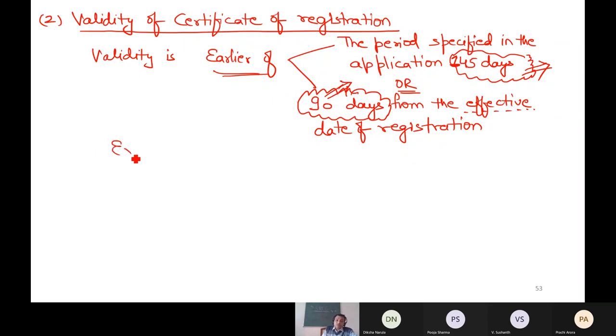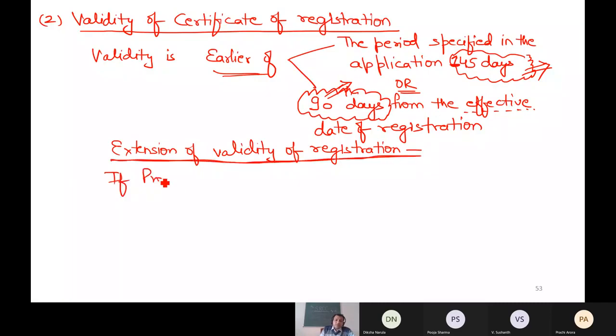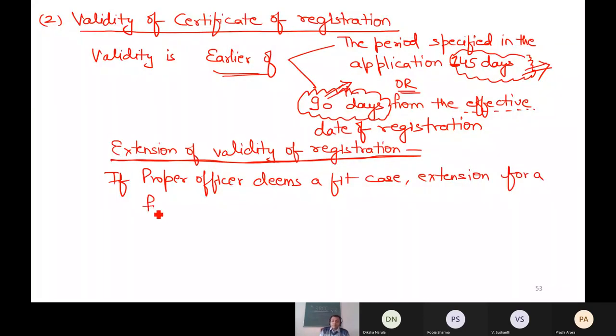But extension is also given. If the proper officer deems it a fit case for extension, then extension can also be given for a further period of another 90 days.